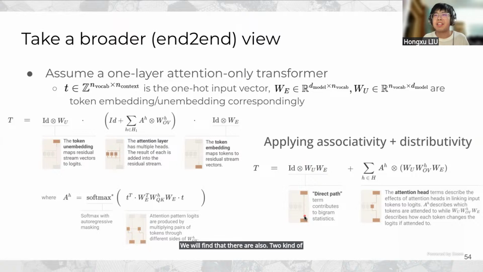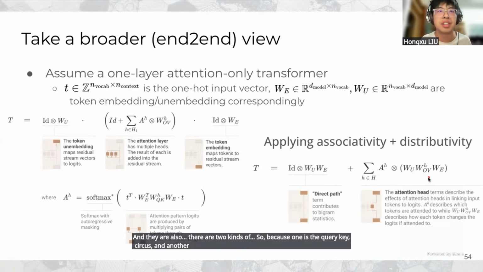The direct path goes through the residual connections. It is like a bigram language model. Then the attention head parts are added together, and there are also two kinds of circuits: one is the query-key circuits, and another is the output-value circuits.